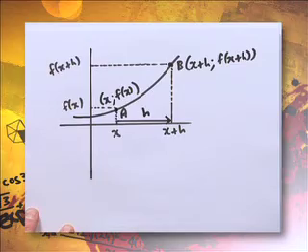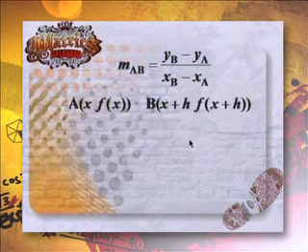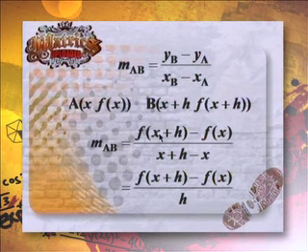Now, if we go to the slide, Nelson, take them through determining the gradient of the line joining the two points. We already have the points, guys. Then we simply say the y at B is f of x plus h minus f of x, and the x value at B is x plus h, then the x value at A is x.